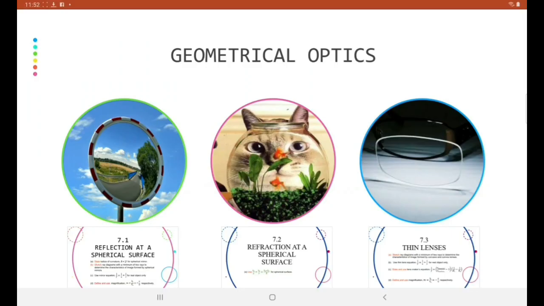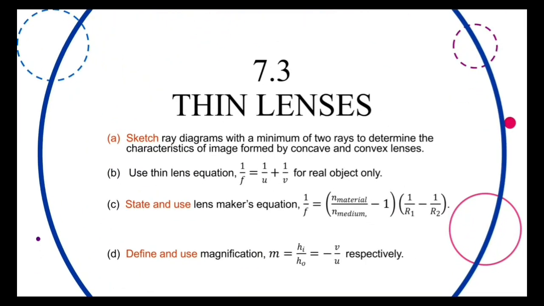We have reached the final subtopic, 7.3, thin lenses. In this subtopic, you should be able to: A. Sketch ray diagrams with a minimum of 2 rays to determine the characteristics of the image formed by concave and convex lenses. B. Use the thin lens equation, 1/f = 1/u + 1/v, for real object only.